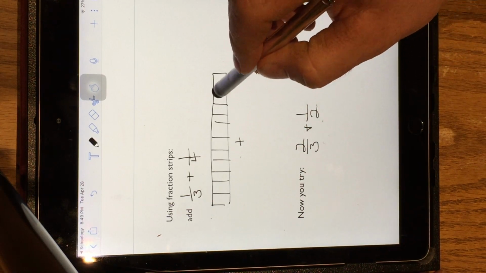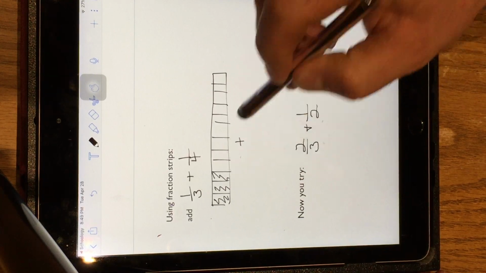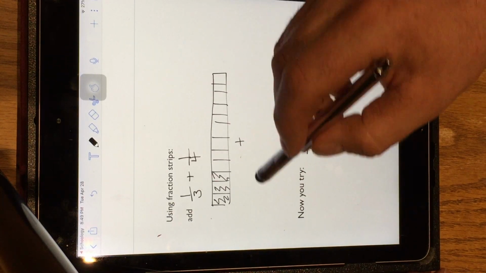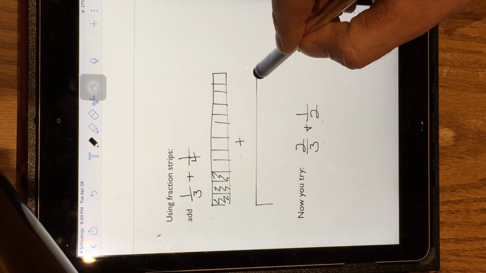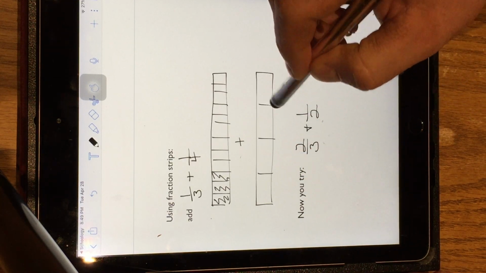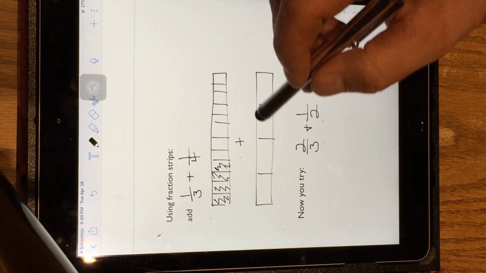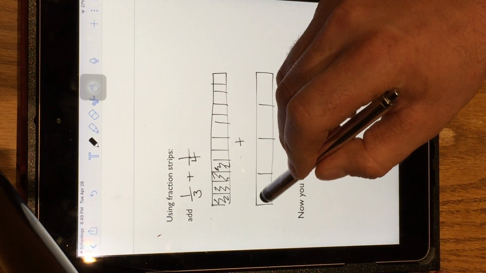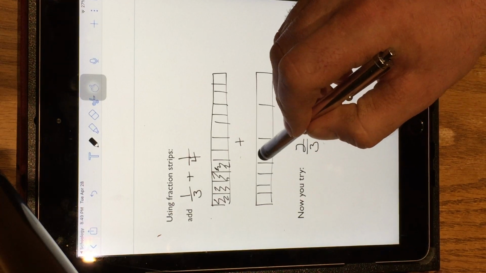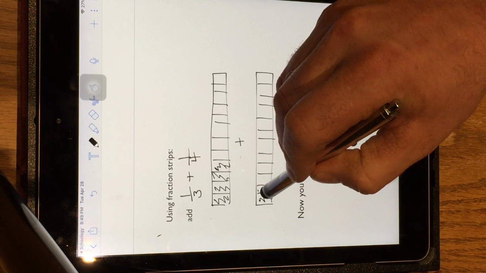So there is one fraction strip with 12 sections. 1/3 is actually 4 out of 12, my mistake. 1/4 is 3/12.